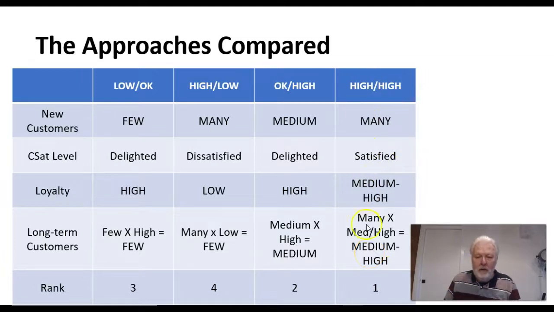And this one is superior because, A, we're attracting a lot more customers, and then we're satisfying them, and that means the loyalty is going to be pretty good on a whole bunch of customers. And this one here is going to be second because we're attracting fewer customers, but with strong loyalty. Okay, so we don't have as many customers, but our loyalty will be a lot higher. And they're the rankings, and that's why pursuing satisfied customers rather than delighted customers should be the better long-term approach to a business.